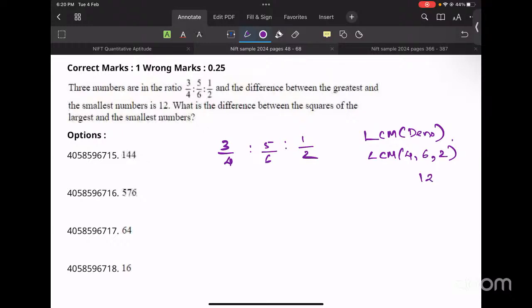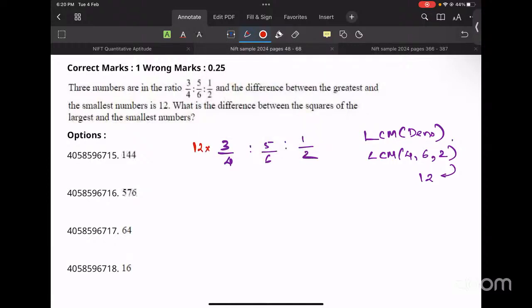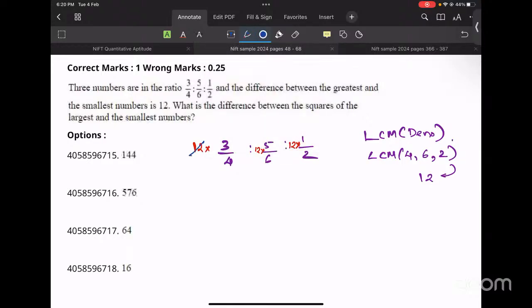So multiply throughout with 12. Now you can cancel, and the ratio becomes 9:10:6. We can't do further, so we keep it as 9:10:6.